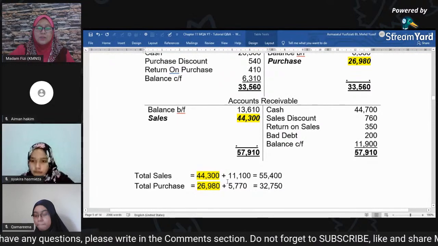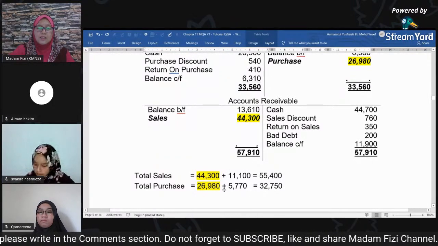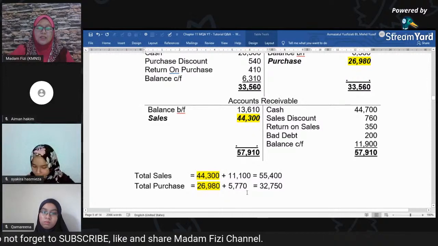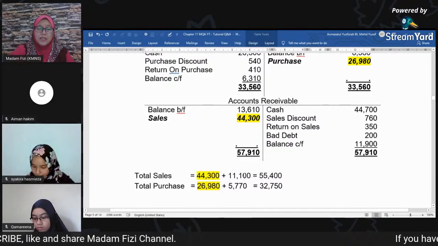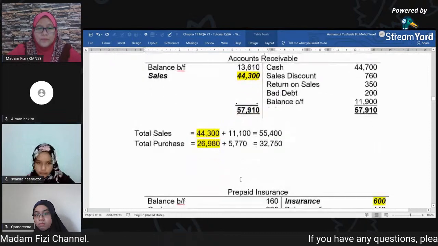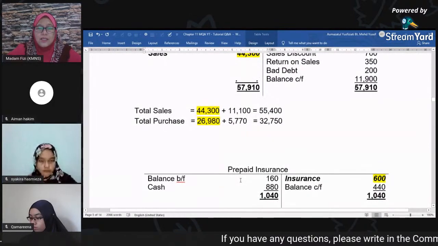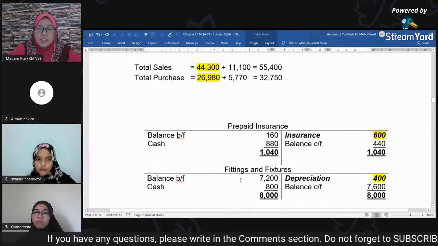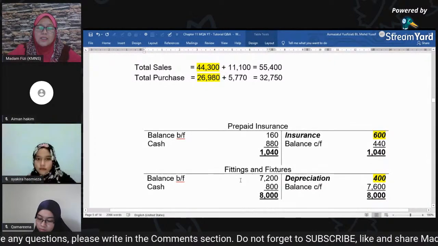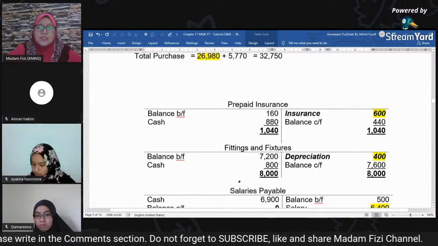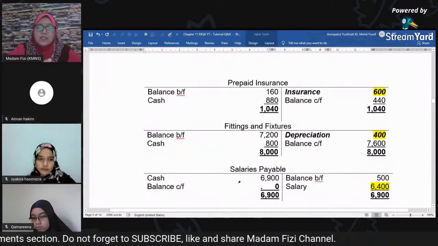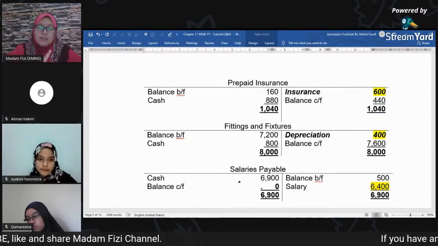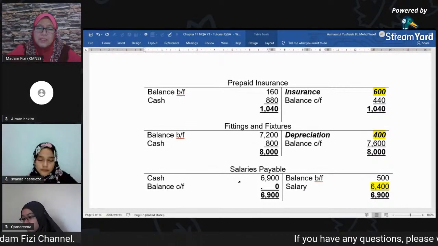So where did you get the cash sales and cash purchase? This one you get from the cash book. Okay. Next is to calculate the insurance expenses. So in the question, we also found the prepaid insurance. So that means it has insurance expenses.